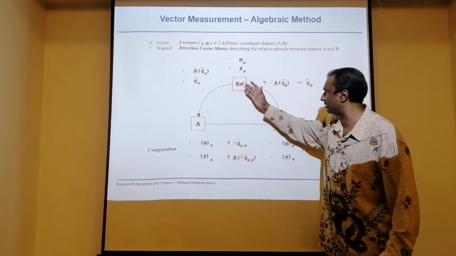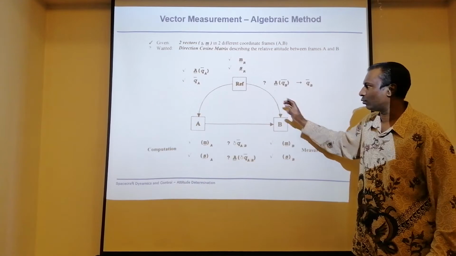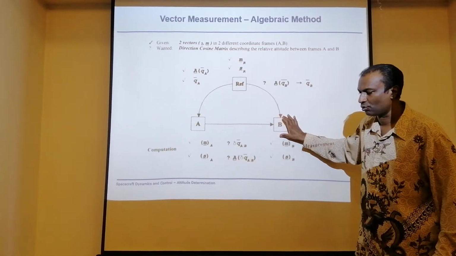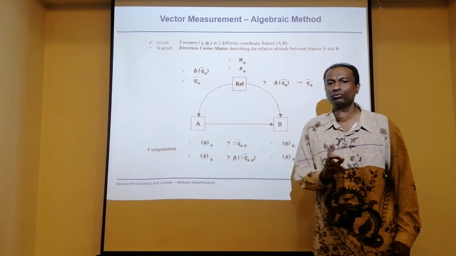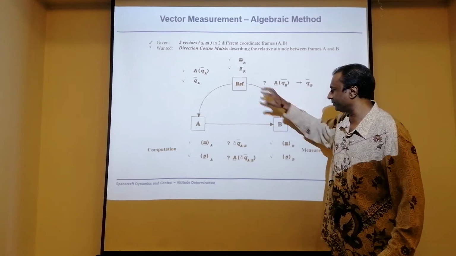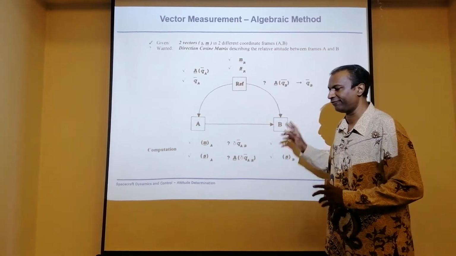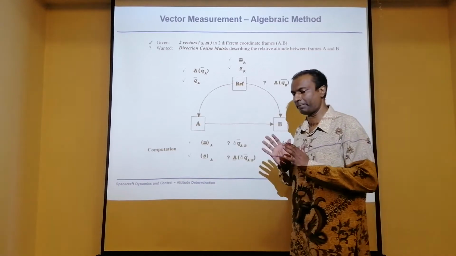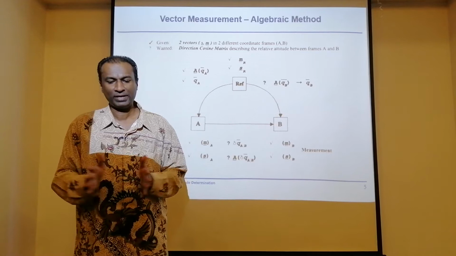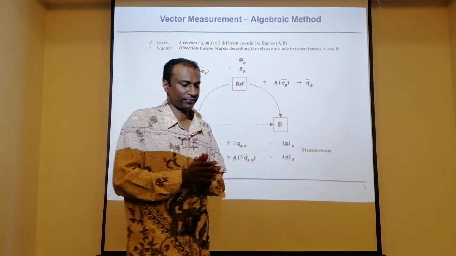Once the measurement is given, we want to know how you are flying with respect to local vertical, local horizontal. If this is perfect, there won't be any difference between A and B. The A and B frames would be parallel. That means there won't be any difference of angle.